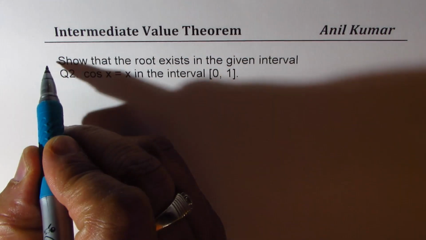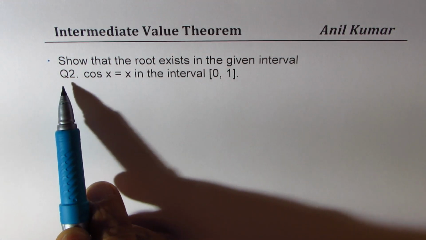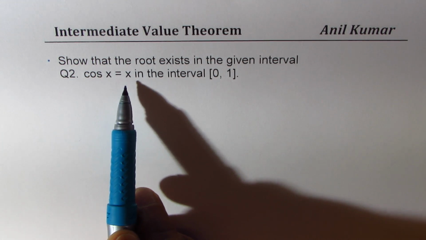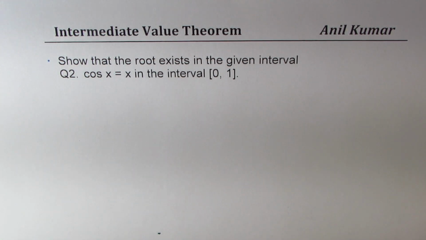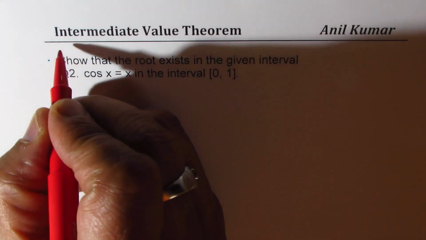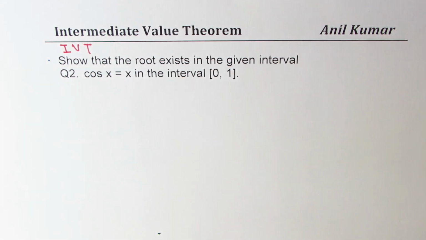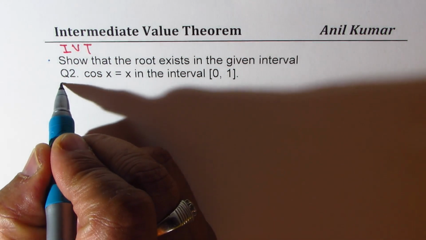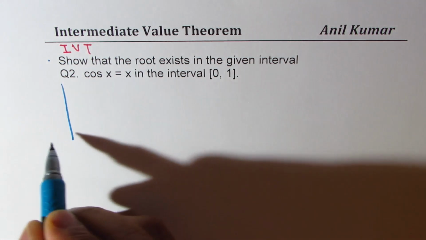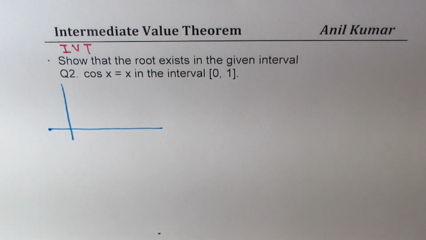The question here is, show that the roots exist in the given interval: cos x equals x in the interval 0 to 1. So we'll apply the intermediate value theorem to answer this question. Let me first show you the graph of both these functions and let's try to understand the situation.